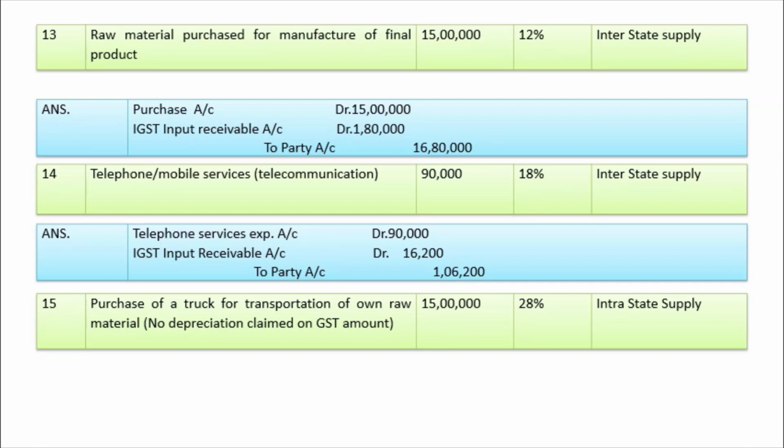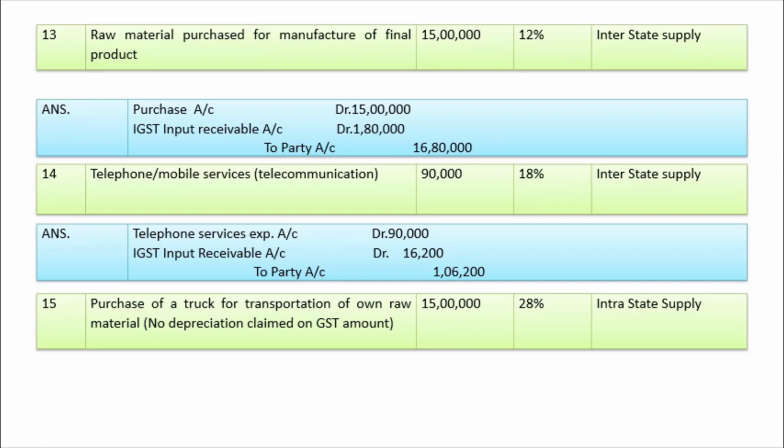So I am just revising section 17. If a company has purchased a motor vehicle and the capacity of that motor vehicle is less than or equal to 13 passengers, then whatever GST amount is paid on it is blocked. For example, if a car is purchased for taking officers from one place to another, then credit is not available if the sitting capacity of that car is less than 13 persons.